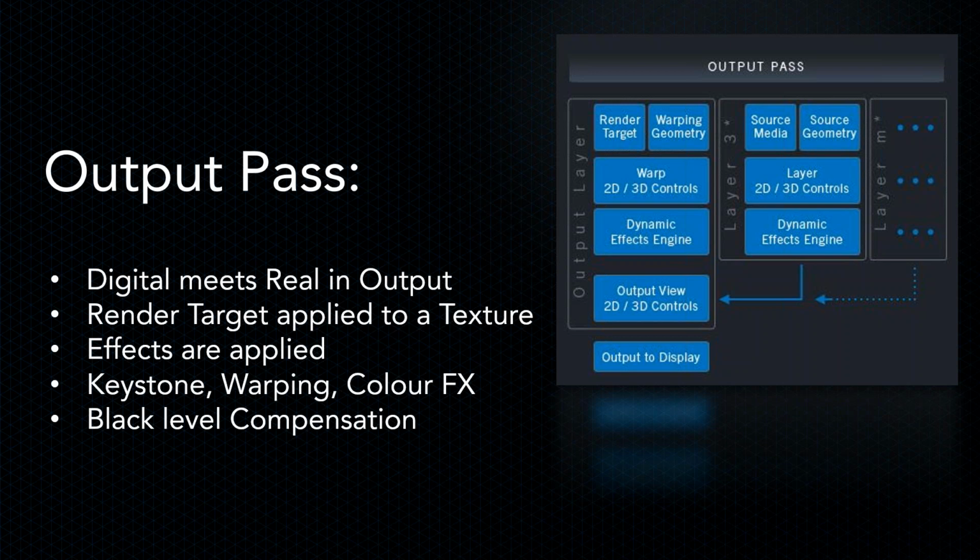On the other end of the DisplayPort connector, this is where it comes together. The output pass takes our render target, and we can then add our warping, add our effects engine to it, do color correction, keystoning, and black level compensation. This all takes place inside of the output pass.